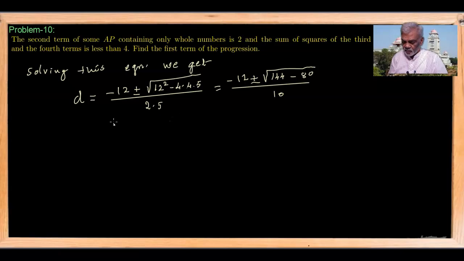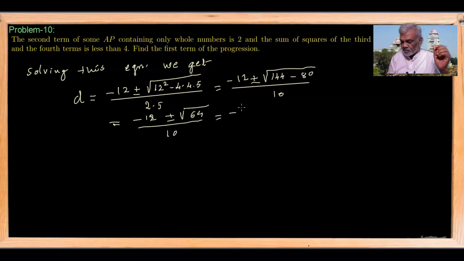And that equals minus 12 plus or minus the square root of 144 minus 80, which means square root of 64, divided by 10.